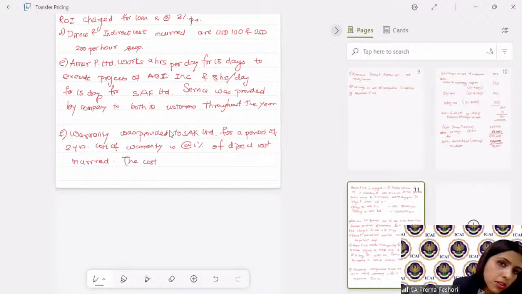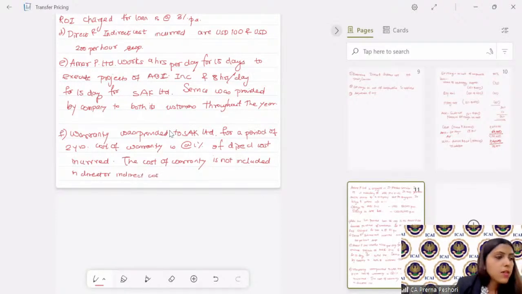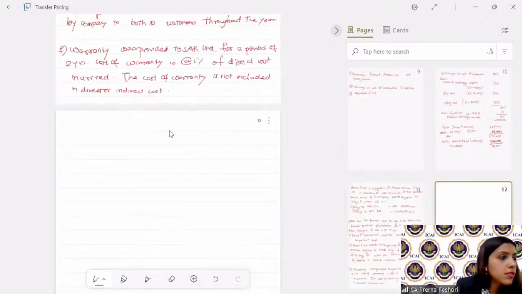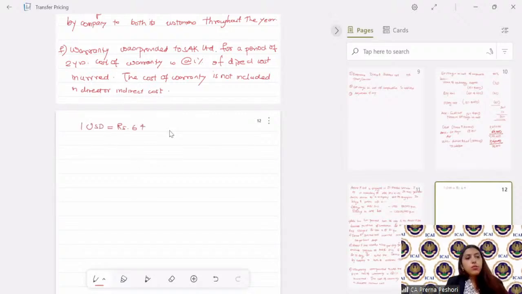The cost of warranty is not included in direct or indirect cost. 1 USD is equal to rupees 64. So tell me the arm's length price for this using the cost plus method.